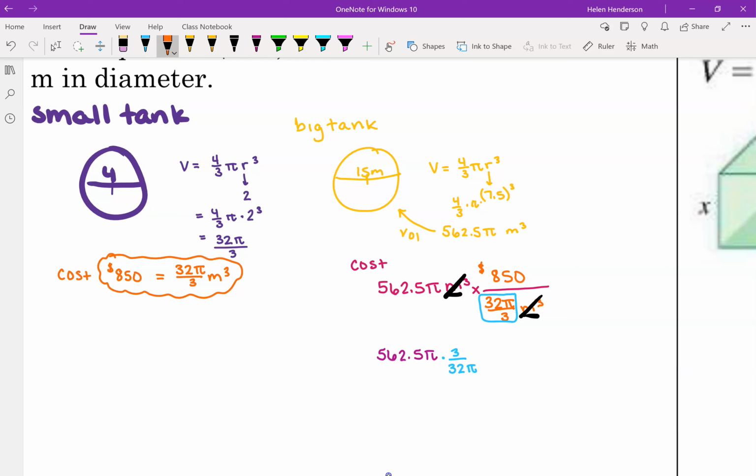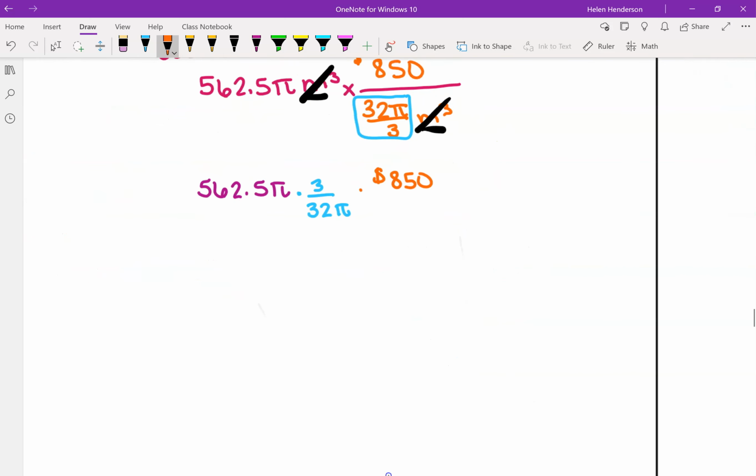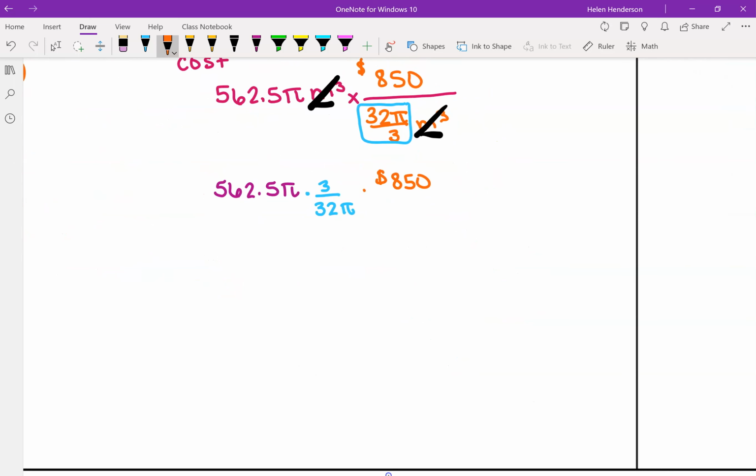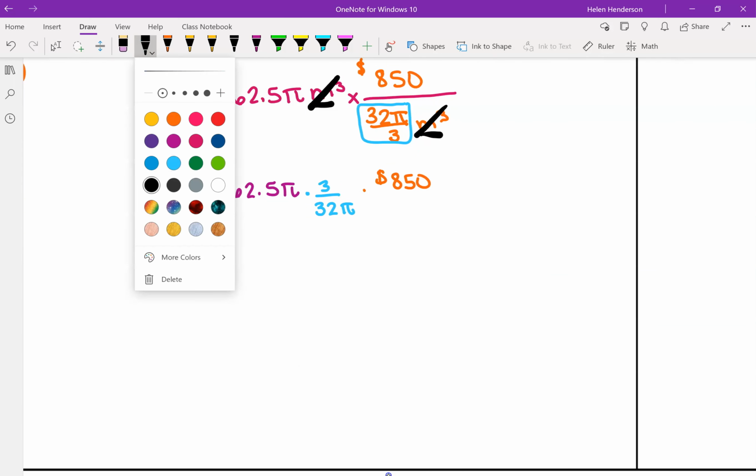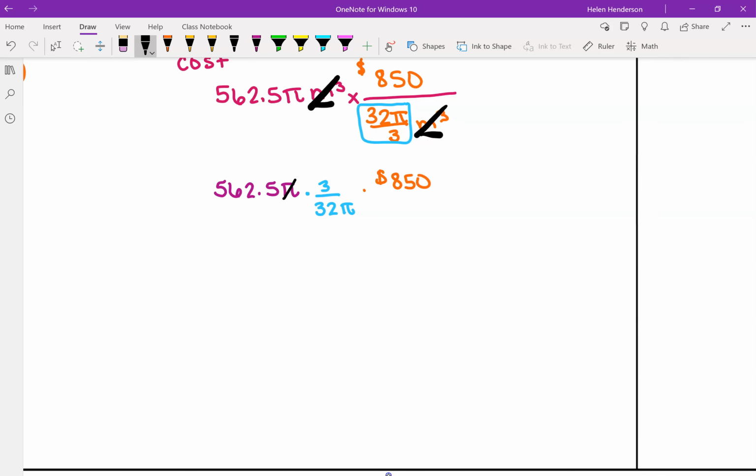And then still times 850. The reason we do this is because of keep, change, flip. But now mathematically, the pi's cancel. So the math that I'm doing is 562.5 times 3 times 850 divided by 32.